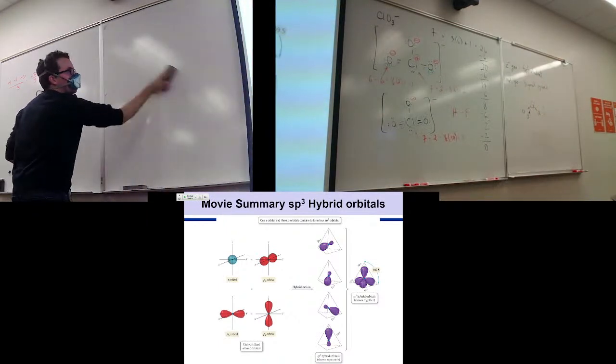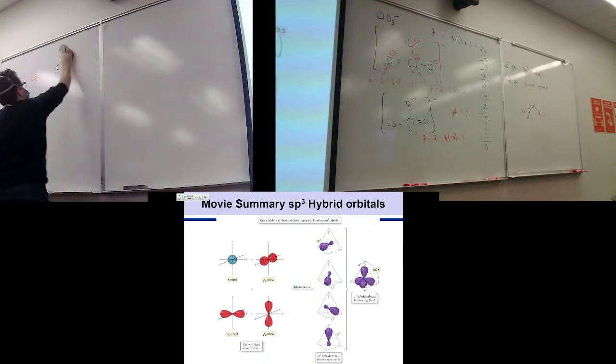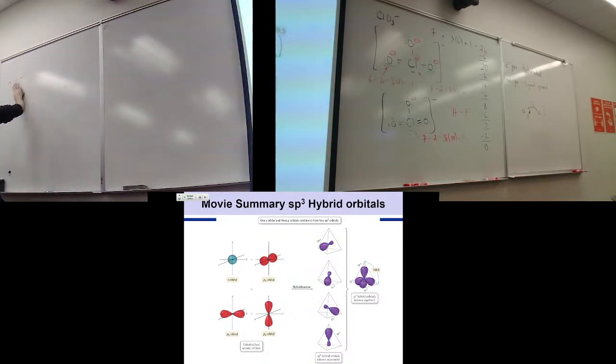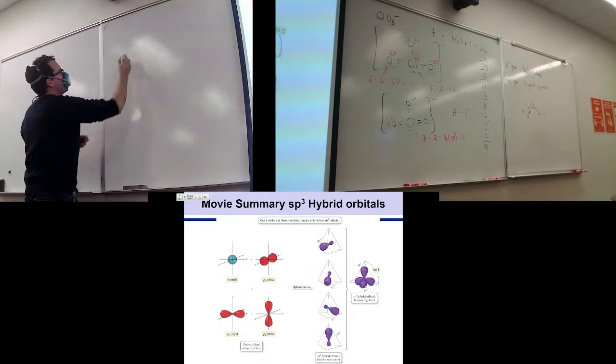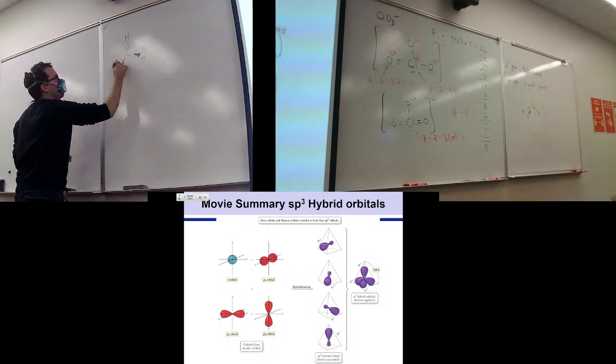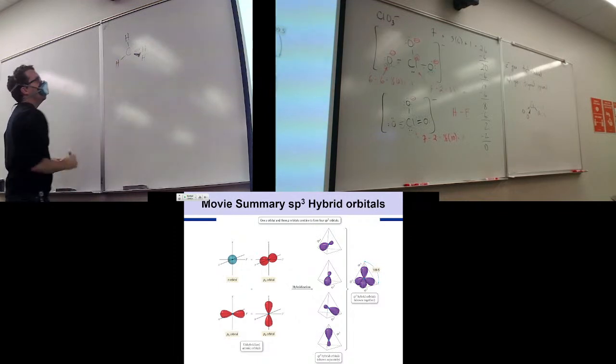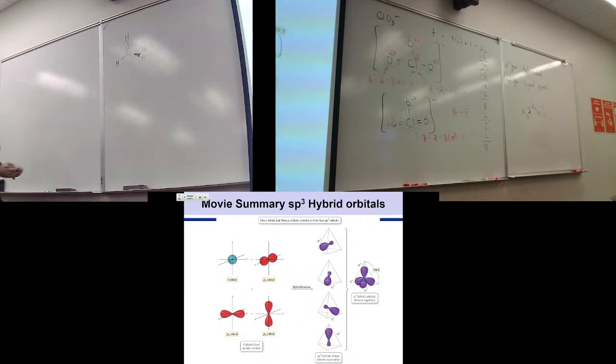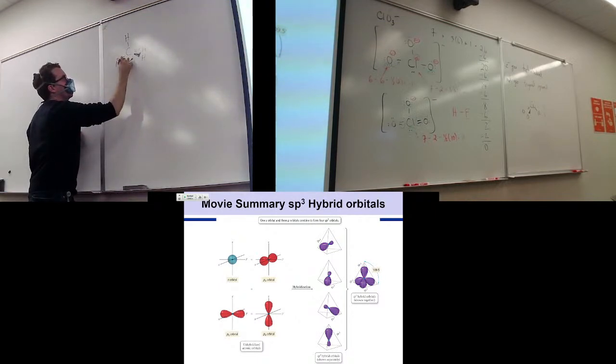Let's start with our basic tetrahedral structure. So, methane. We'll keep it simple, we'll use hydrogen. Kind of looks like that. The angle's a little bit tweaked here. This is tetrahedral. All of the angles here are 109.5 degrees.